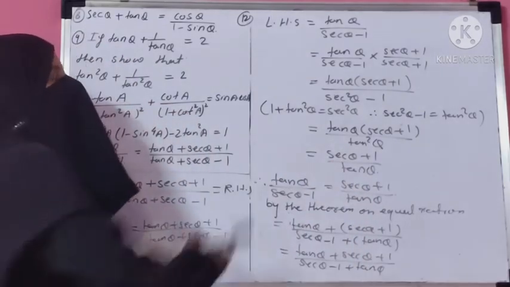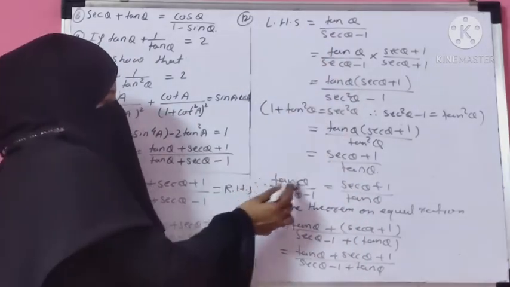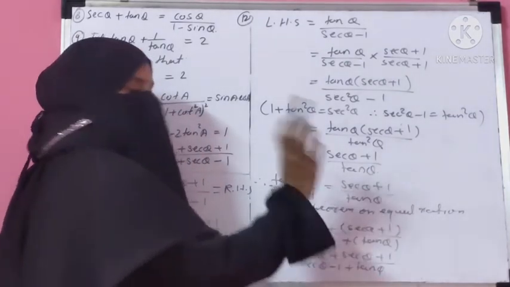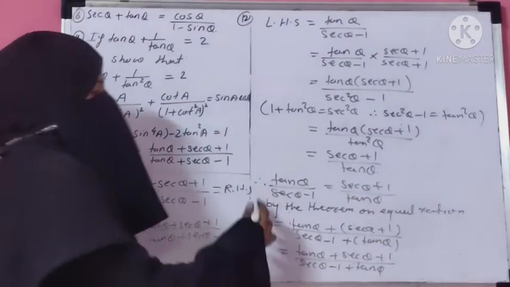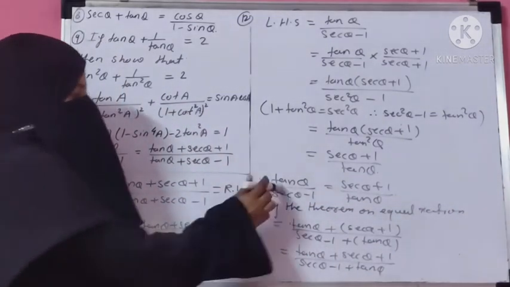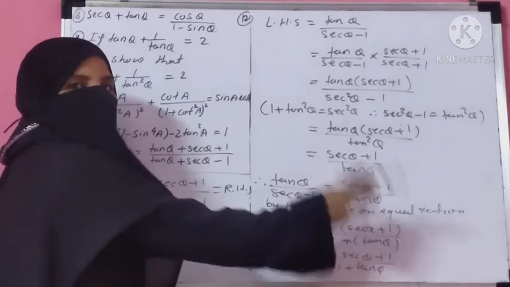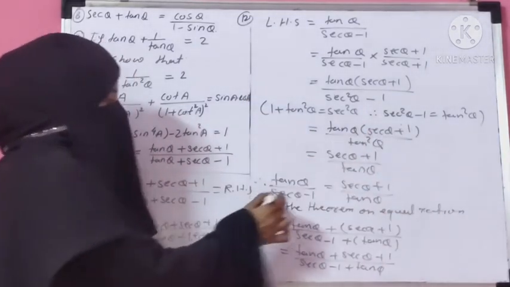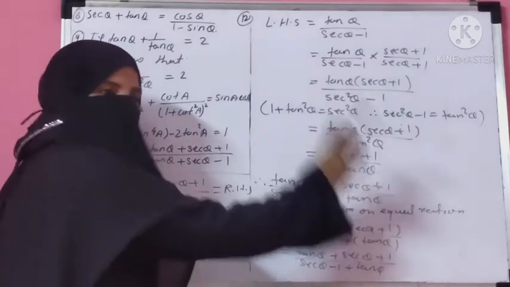So initially we prove your left hand side, that means tan theta upon sec theta minus 1 is equal to sec theta plus 1 upon tan theta. Now we apply that these two ratios are equal, then by the theorem on equal ratio, numerator added to the numerator, denominator added to the denominator. That becomes tan theta plus sec theta plus 1 upon sec theta minus 1 plus tan theta.